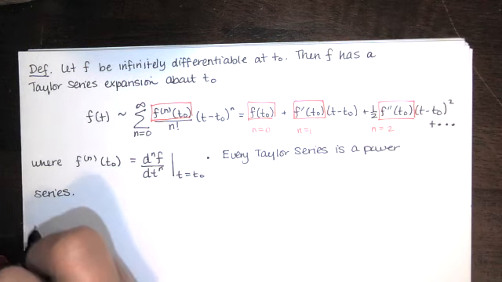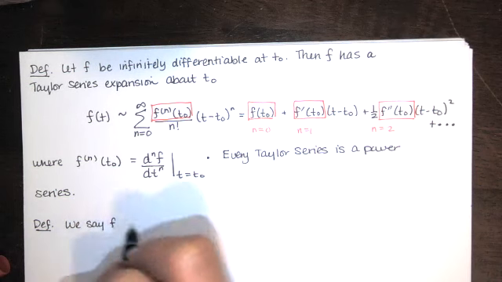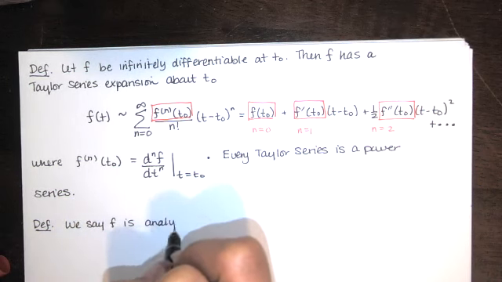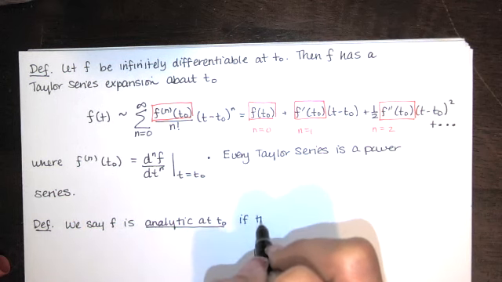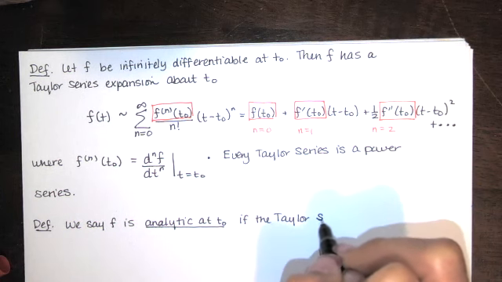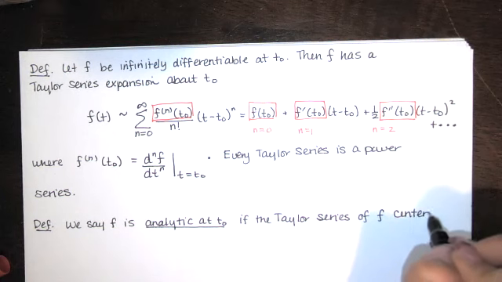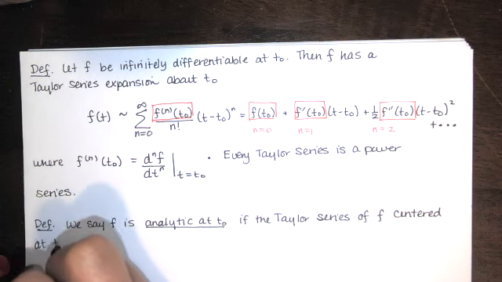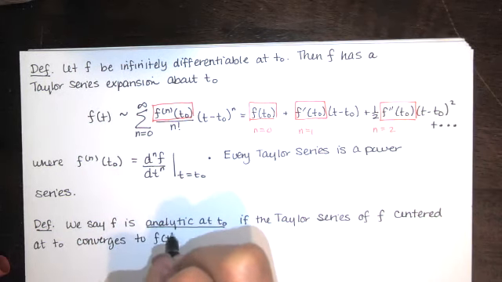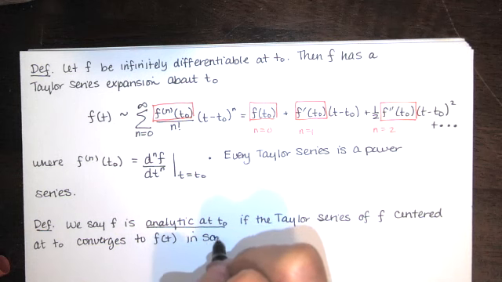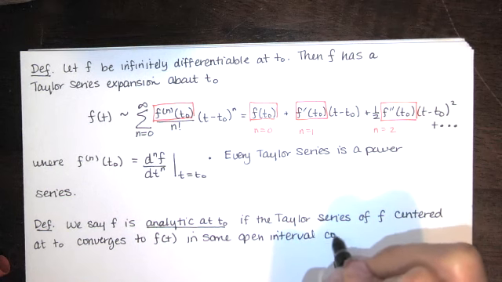Now here is another definition. We say that f is analytic at t naught if the Taylor series of f centered at t naught converges to f of t in some open interval containing t naught.